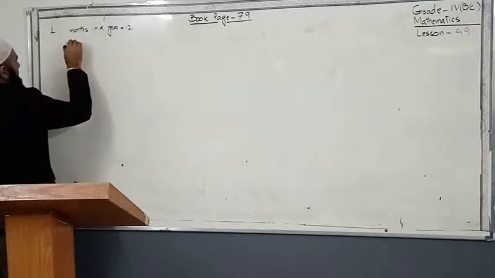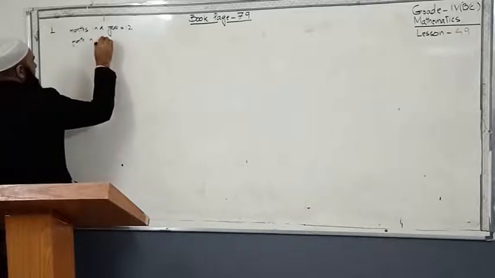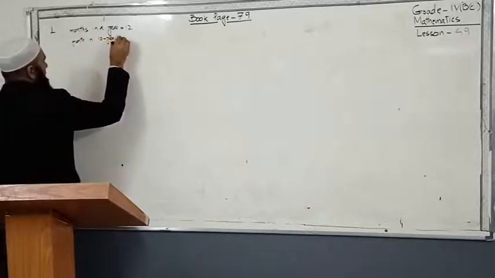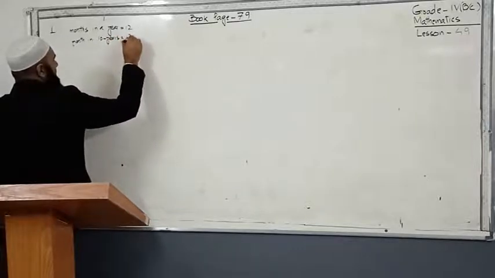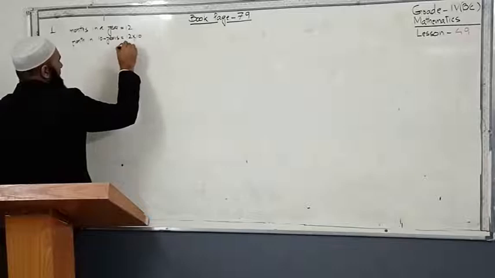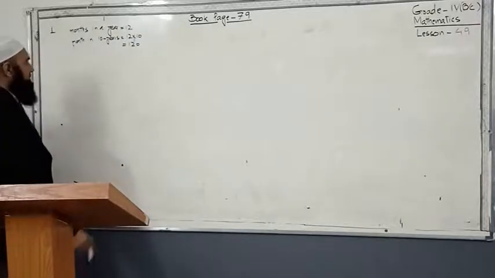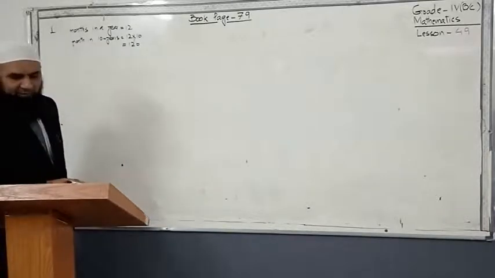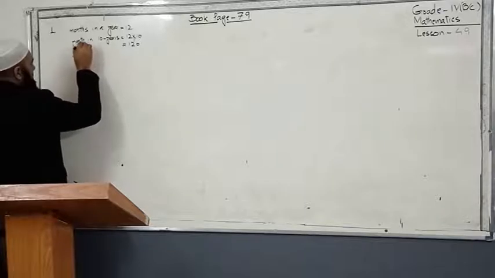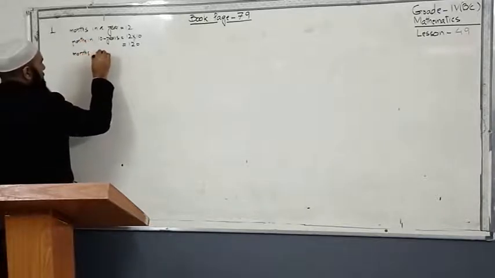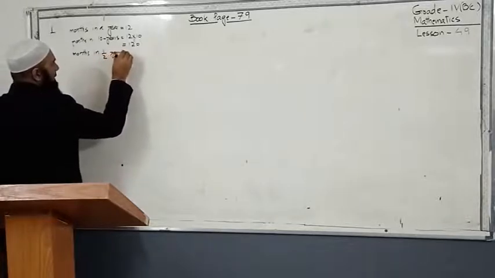Right now, months in 10 years are equal to 12 multiplied by 10, which is equal to 120 months in 10 years. Okay, now we have the extra half year. Months in a half year are 6 months.